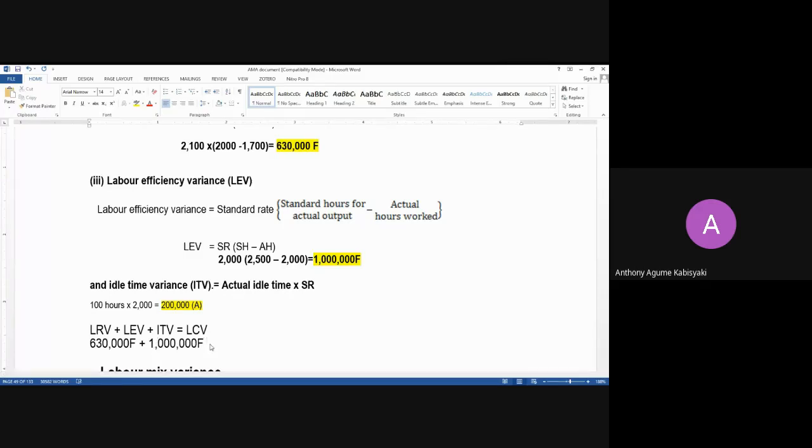Then I also add 200,000 adverse. That gives me 1,830,000. 830. 1,380,000. Hmm?